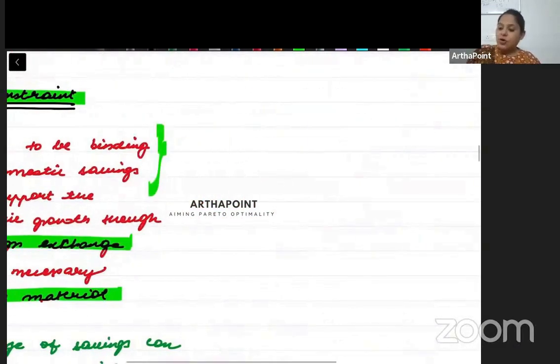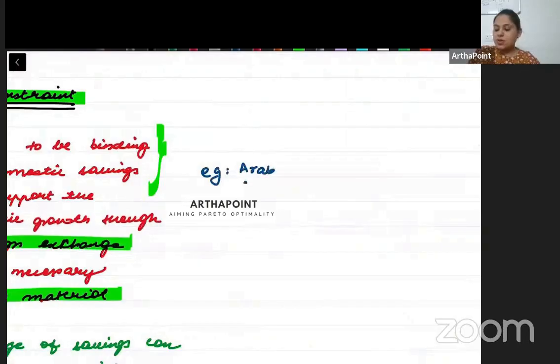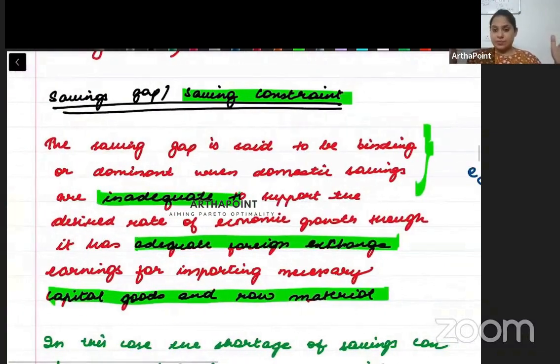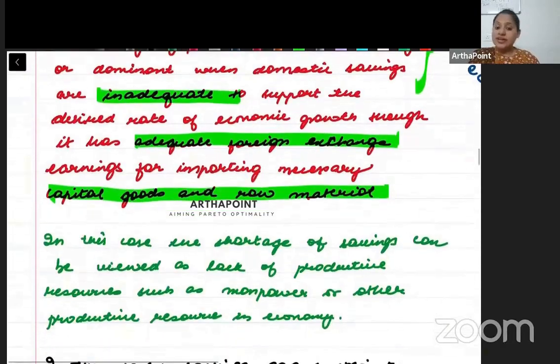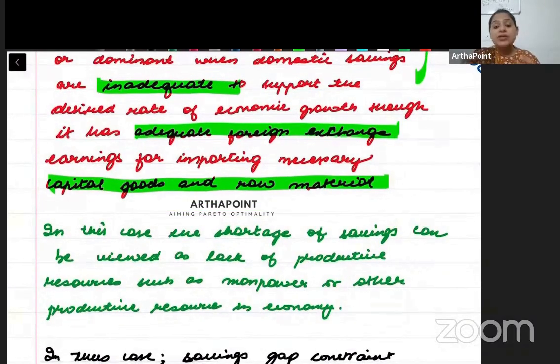The example of this is Arab countries. अभी नहीं, in their mid 1970s, they had a lot of currency with them. उस करेंसी से वो बाहर से कैपिटल गुड्स मंगवाकर बहुत अच्छा ग्रो कर सकते थे. But they did not spend their money on the capital goods. Instead, what they did is that they spent it on luxury items, right?